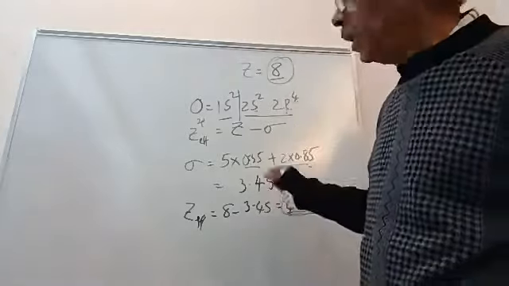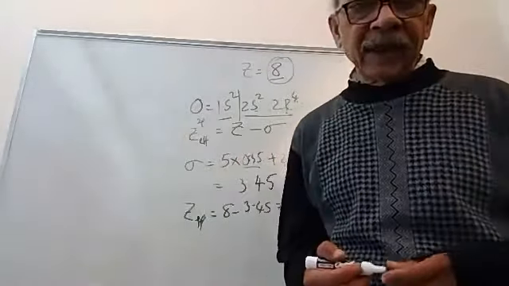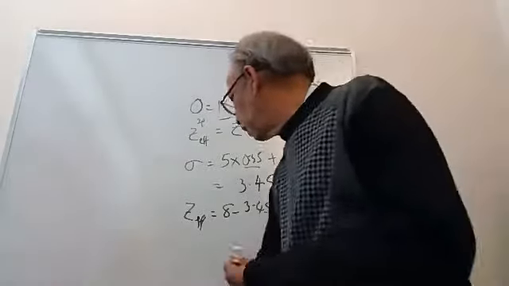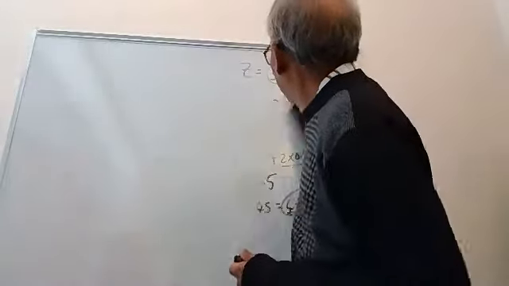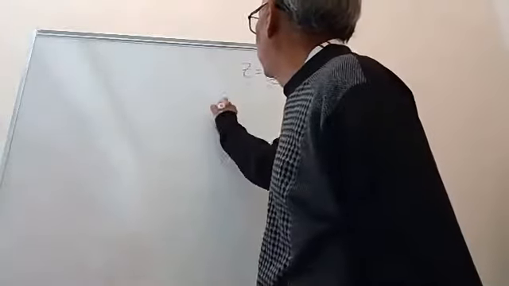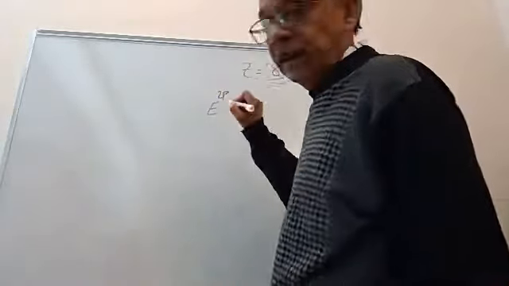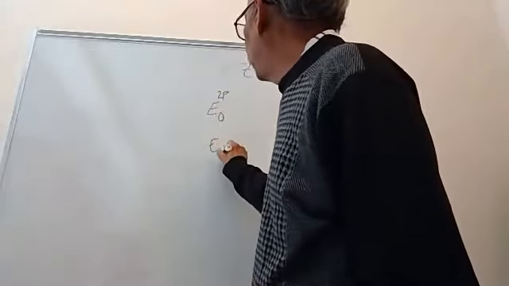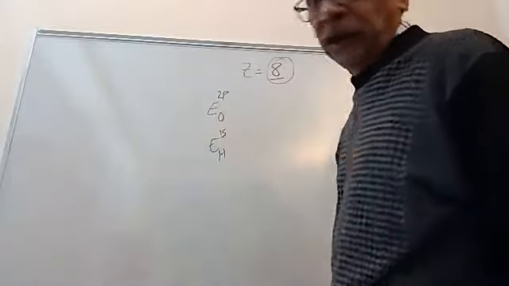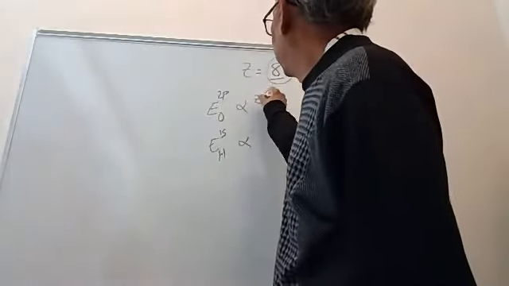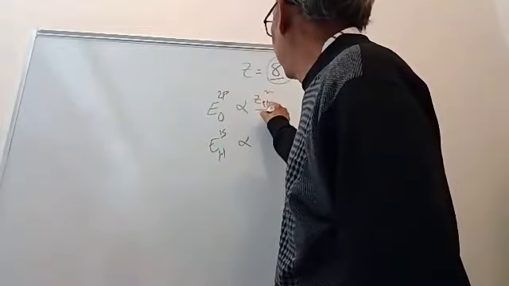Once you know that, you can now calculate the energy of that electron too, right? To calculate the energy, you set up the equations for the energy of the 2p electron of oxygen and the energy of the 1s electron of hydrogen. Both are proportional to Z effective squared divided by N squared.